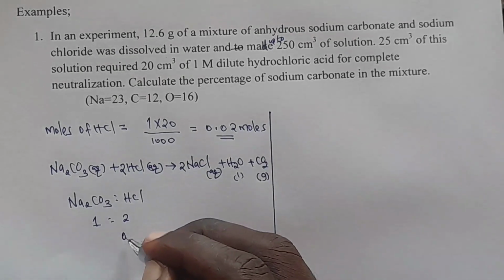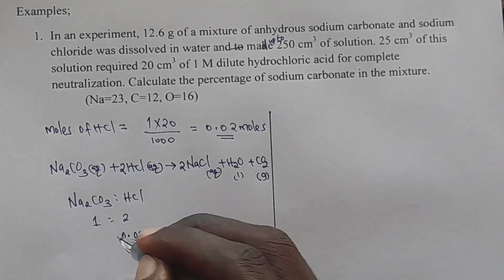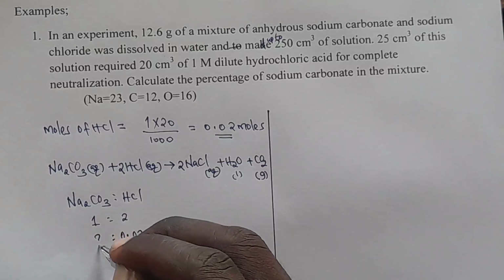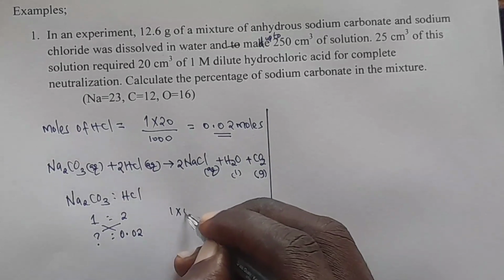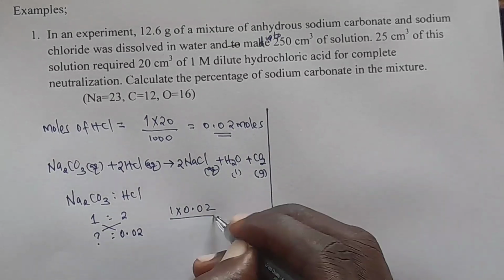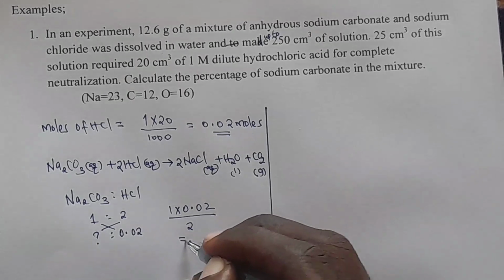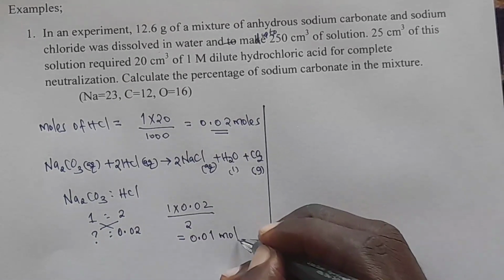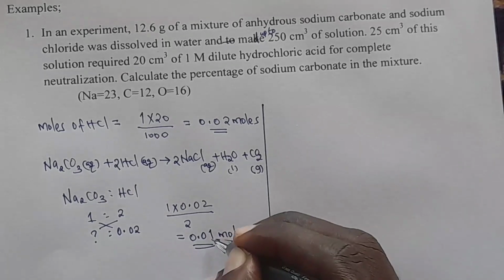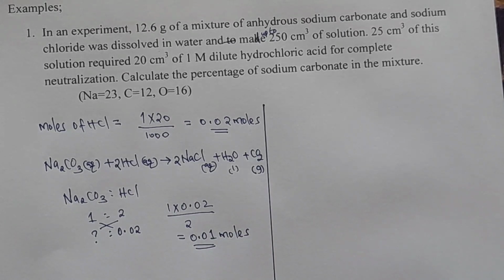So if we have 0.02 moles of hydrochloric acid, we can get the moles of sodium carbonate by using the mole ratio. We say 1 times 0.02 divided by 2. Here we get 0.01 moles of sodium carbonate solution.